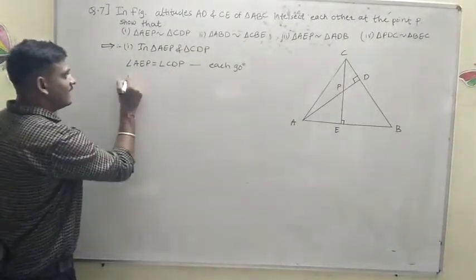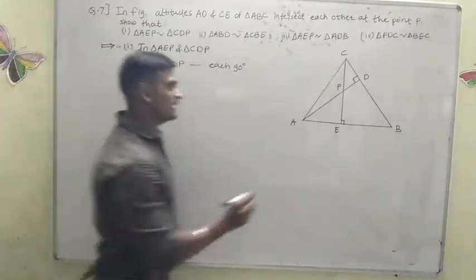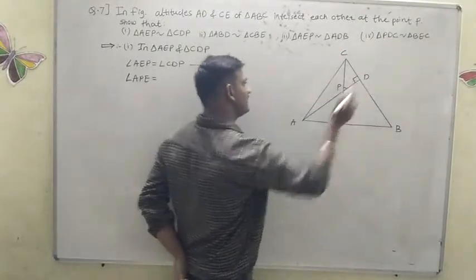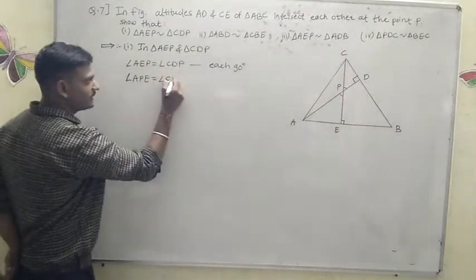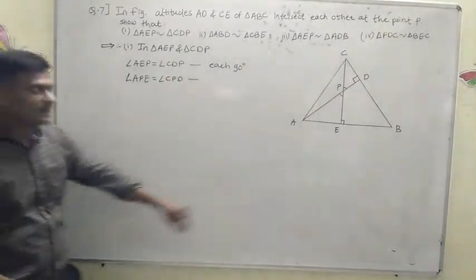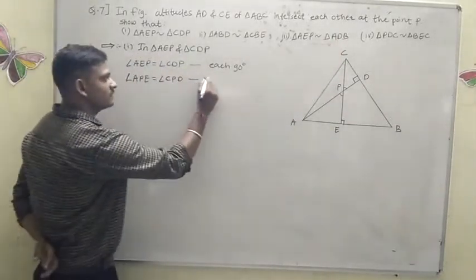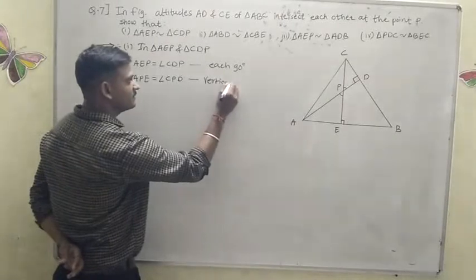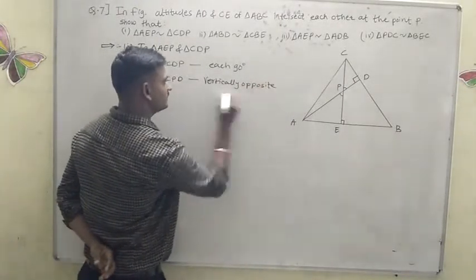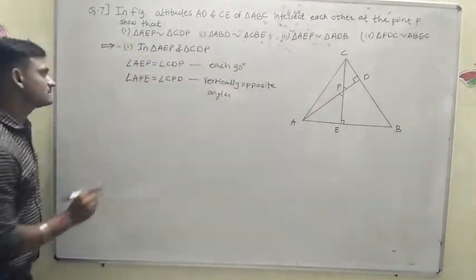And can I say that angle APE is equal to angle CPD? What is the reason? The reason is vertically opposite angles. These two angles are vertically opposite angles.